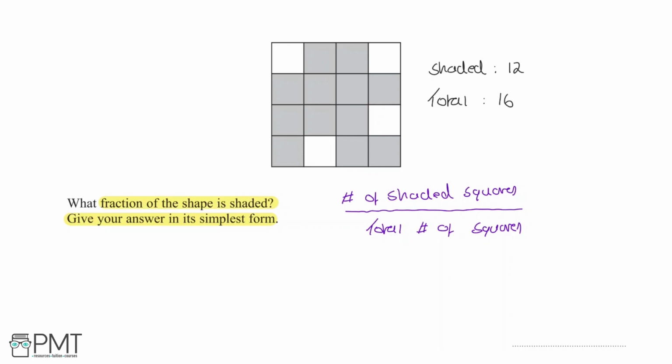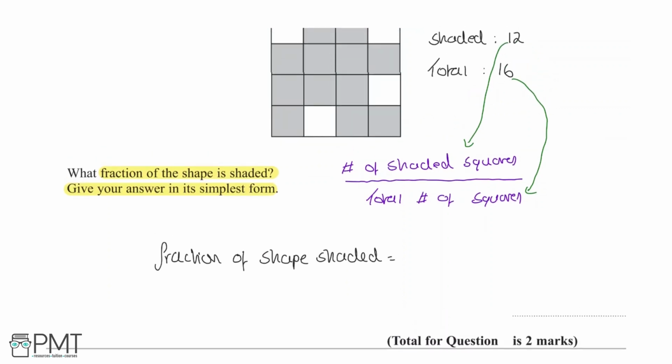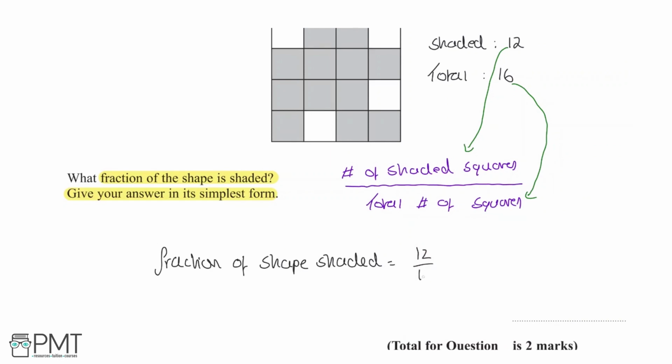Okay, so what we can do is plug each of these numbers into our equation here, and we can say that the fraction of the shape shaded equals, we said, 12 over 16. But we've been asked for it in its simplest form.